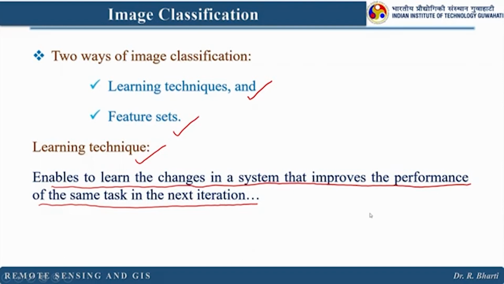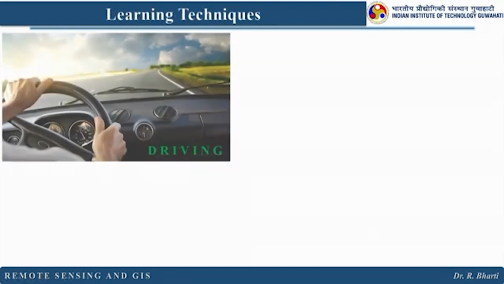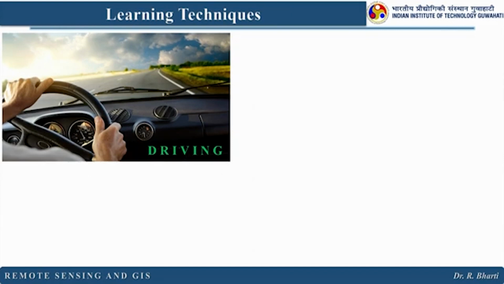So let us see some examples of learning technique. Like first one is driving, right. The moment you start learning driving, then what happens? First time you fail, second time you will fail, third time you will learn something, then fourth time it will be better, and then maybe after the thousandth time, you will be the best driver, right. So this is how we learn ourselves, with our mistakes or with our logic. So that is actually one example of learning technique.